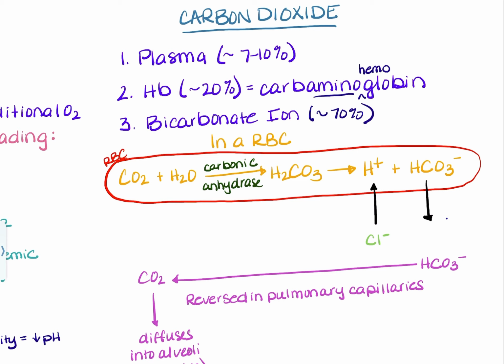So we're removing a negatively charged ion, specifically the bicarbonate ion, from the interior of the red blood cell because we sent in something electrically neutral. We have to replace that negative charge. And so we do. We take chloride ions from our plasma and put them into our red blood cell. And this is what's called the chloride shift.